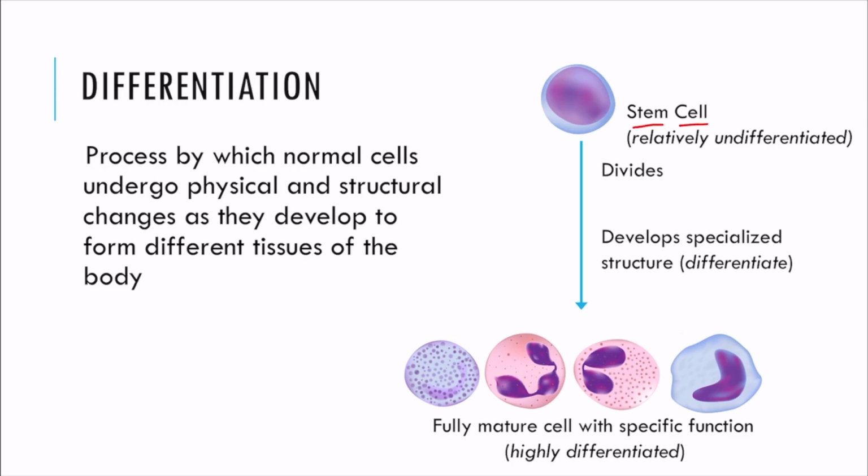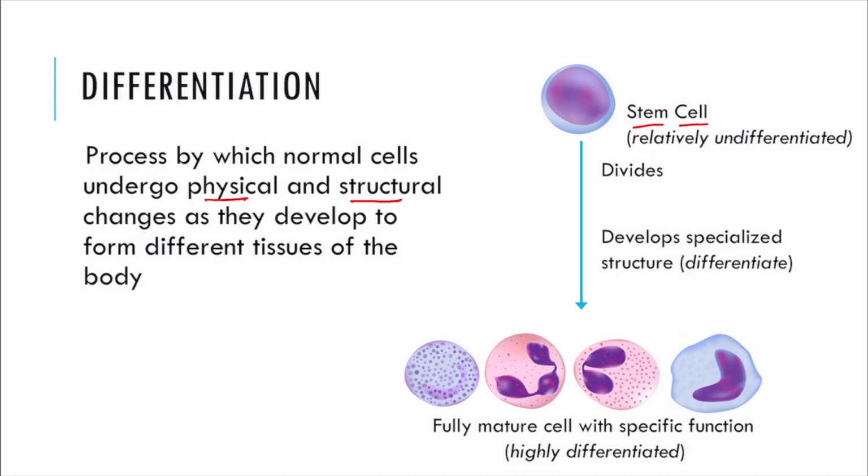It's just sort of an empty blob. Like, tell me what you want me to do and I'll be it. So a pluripotent stem cell can turn into basically any other cell in the body. It just has to get the right signals to divide and develop its adult structure. So it needs to undergo physical and structural changes to become a specific cell of a specific tissue.